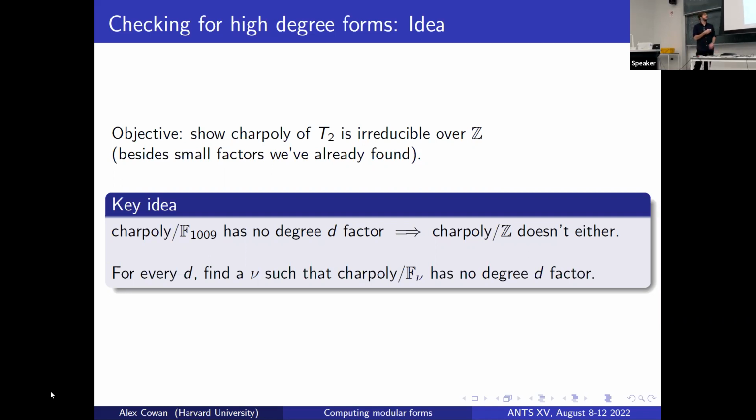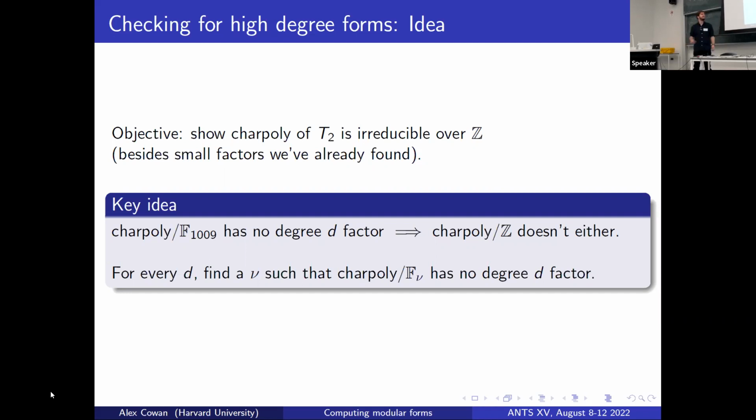The plan that we're going to have is, if we pick some arbitrary d, just some random degree that a factor might have, say 7, and we look at the characteristic polynomial of T2 mod 1009, and we see that it has no factor of degree 7 mod 1009, well then, clearly in characteristic 0, it didn't have a factor of degree 7 either, because this degree 7 factor would have just reduced to a degree 7 factor mod 1009.